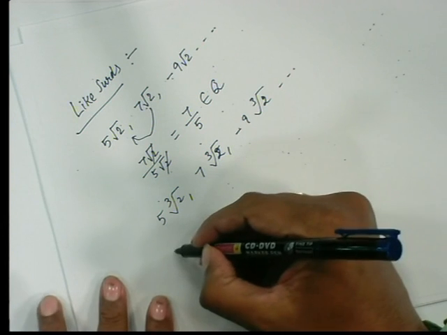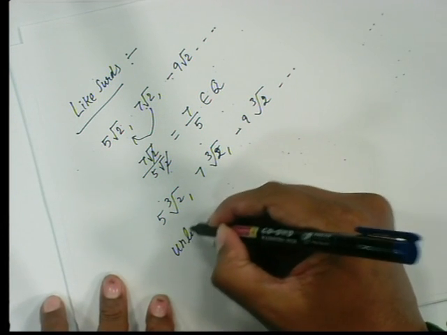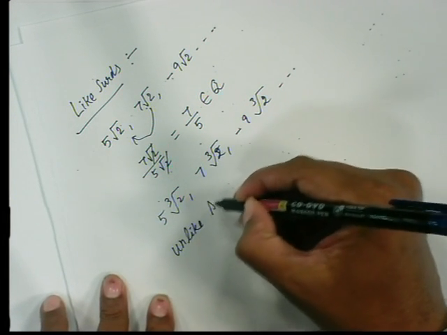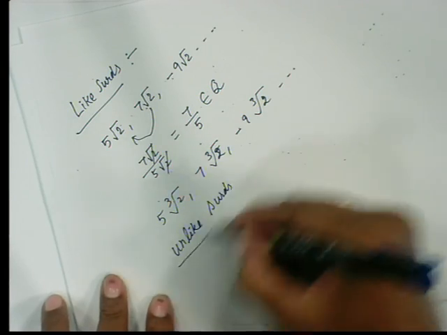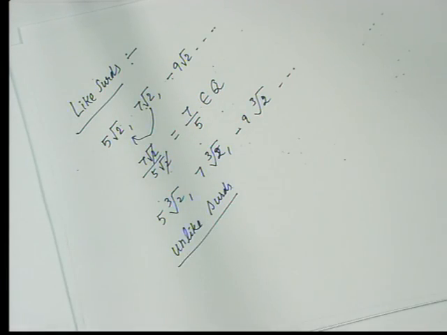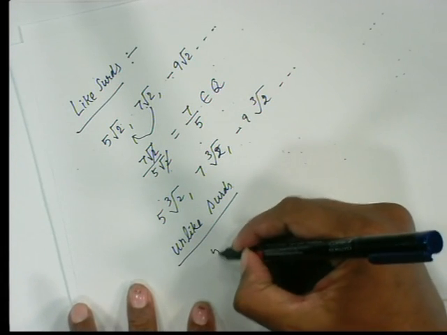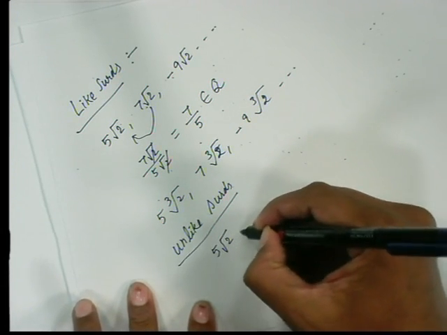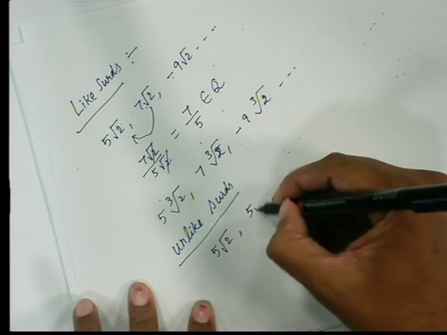Now, unlike SURDS. What do you mean by unlike SURDS? It is very simple. If the ratio between two SURDS is not a rational number, then the two SURDS are said to be unlike or dissimilar SURDS. Like, similar; unlike, dissimilar. Suppose you consider 5 root 2 and 5 root 3.